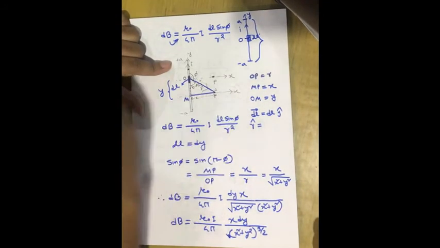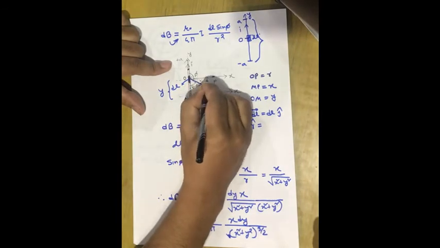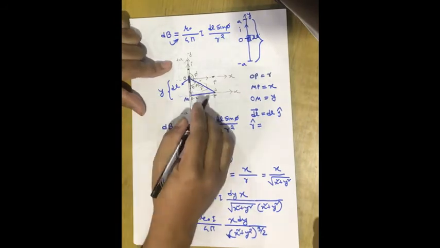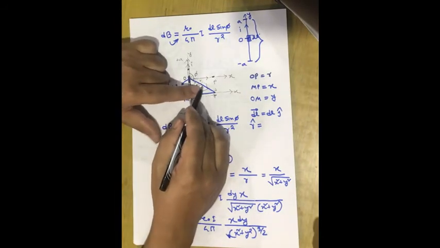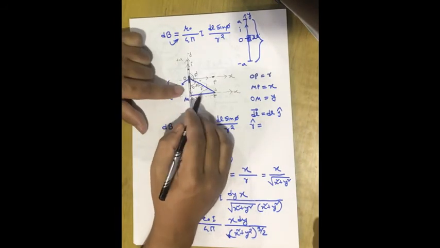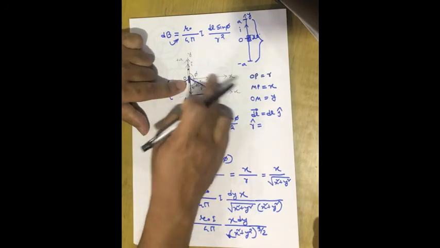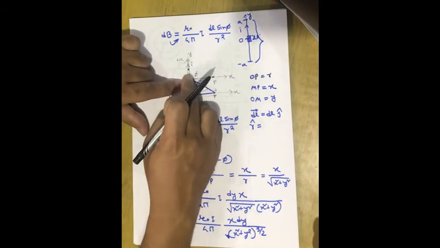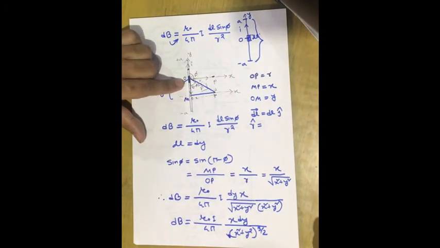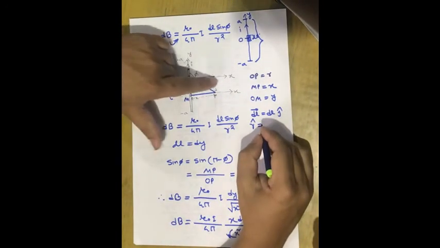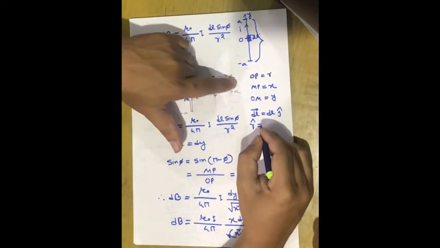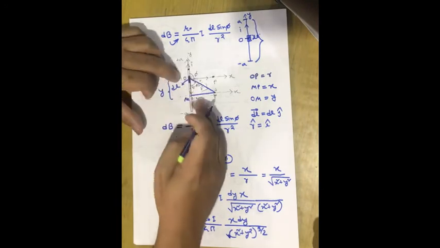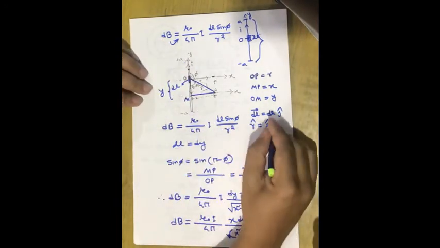If we see along this direction, the vector is this one, and along this direction this vector. So we can write the radius vector as a sum of these two vectors, because if we apply the parallelogram law of vector addition, then r cap will be equal to this vector plus this vector. r cap is a unit vector, so along the x direction the unit vector is i cap, and along the direction of OM the unit vector is minus j cap.